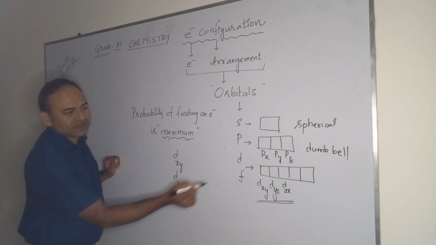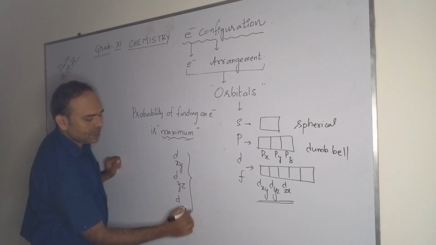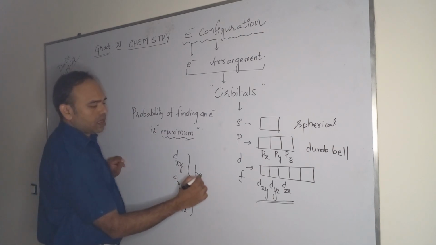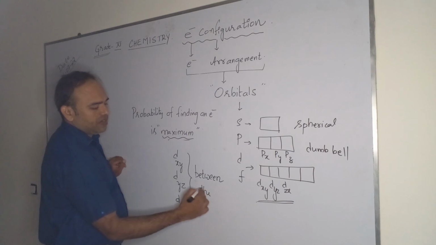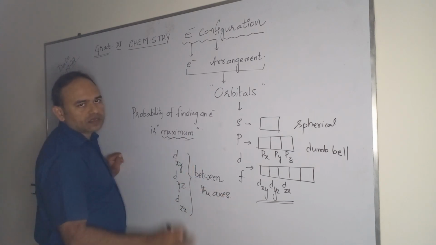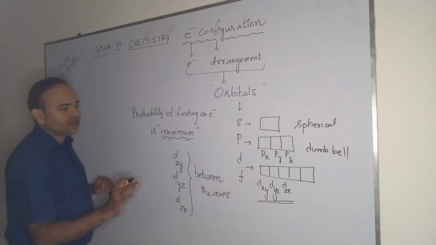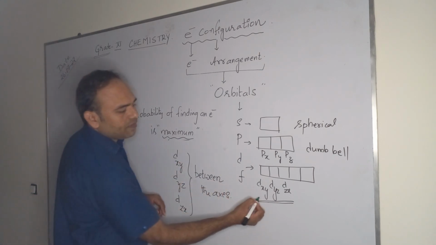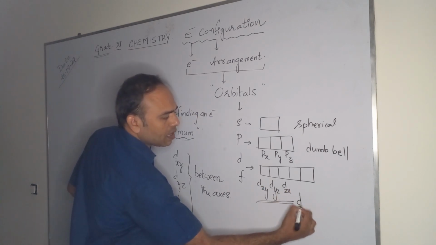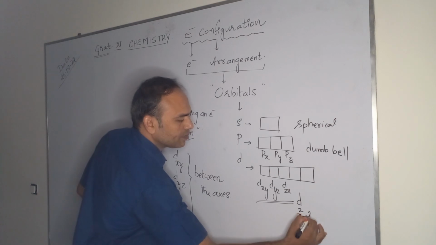These 3 orbitals, dxy, dyz and dzx, orient themselves between the axes. I don't want to go into the different shapes and I don't want to draw any diagrams here. I am just giving you the difference between the first 3 orbitals and the next 2 orbitals of d.